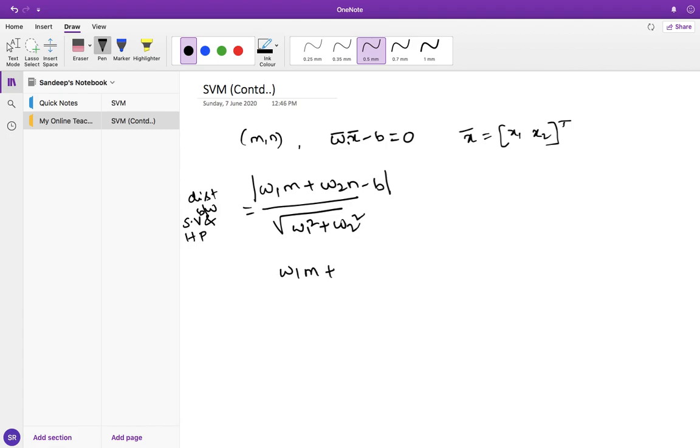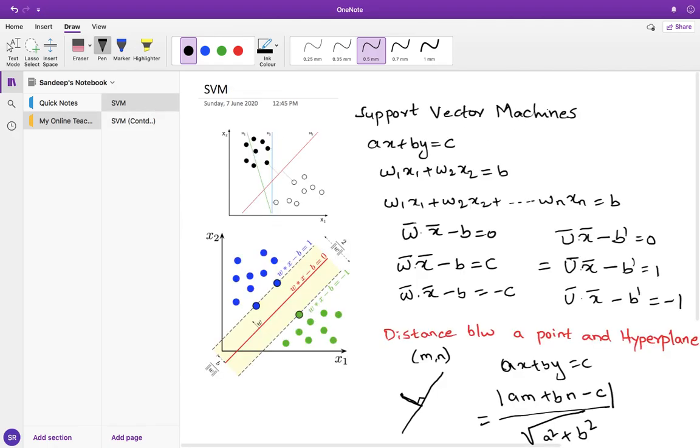So w1m plus w2n after substitution, minus, or w1 is equal to 1, right? So this is the equation w1m plus w2n. You can see here this is the equation of the line.